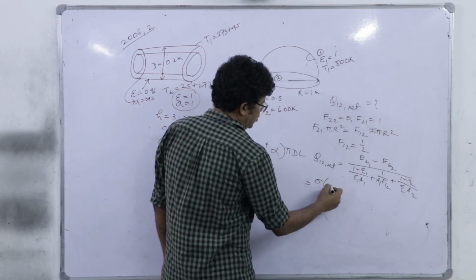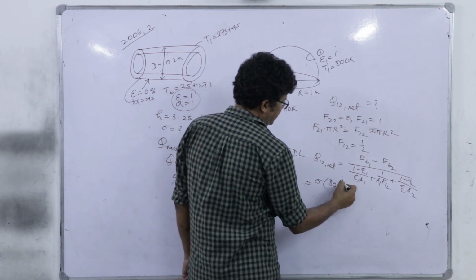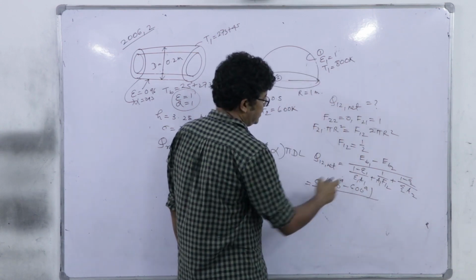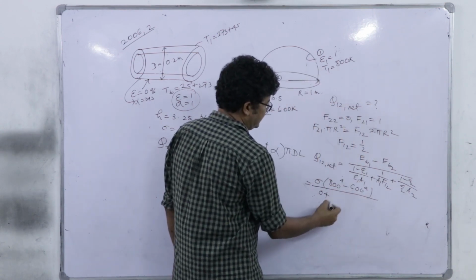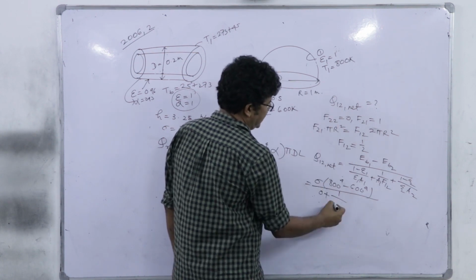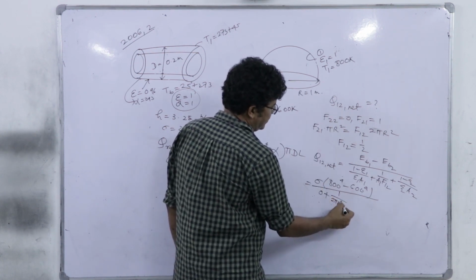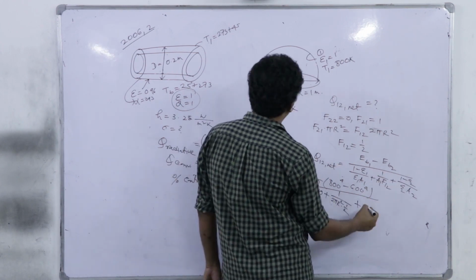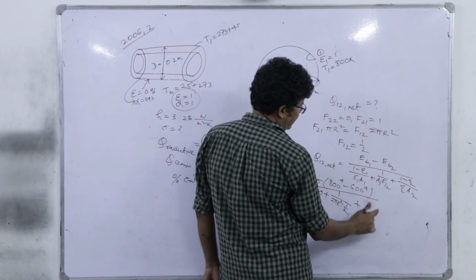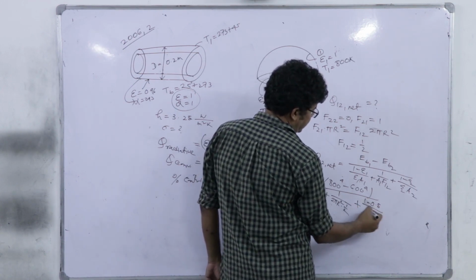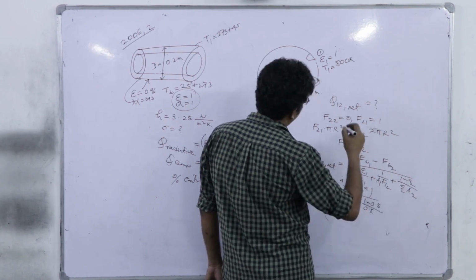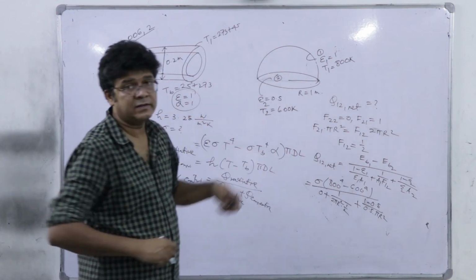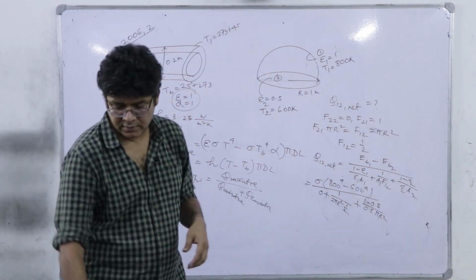So, sigma into 800 to the power 4 minus 600 to the power 4, then the first part will be 0, plus 1 divided by A1, which is 2 pi R square, multiplied by F12, which is half, plus 1 minus 0.5 divided by 0.5 into A2, which is simply pi R square. So, from there we can calculate this Q12 net, right.